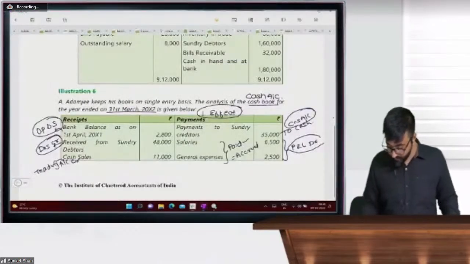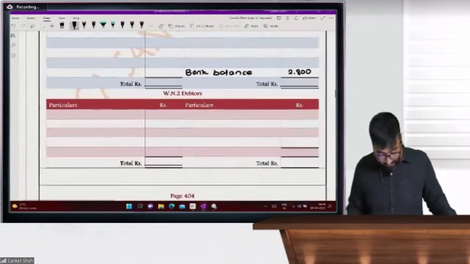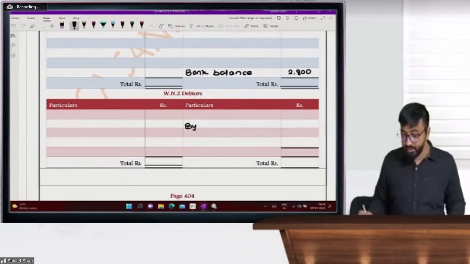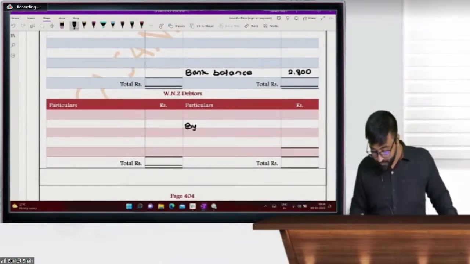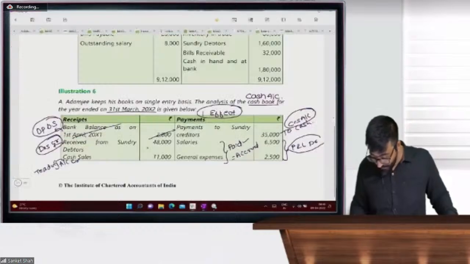Correct? Received from debtors, line by line. Second line, don't write on the first line, it is for the opening balance. So collection from debtors by cash, line by line: 48,000.